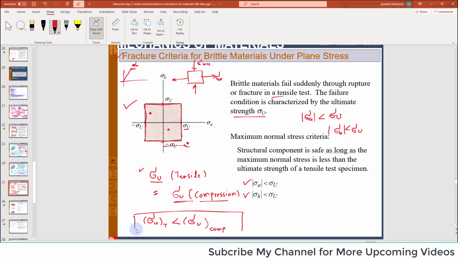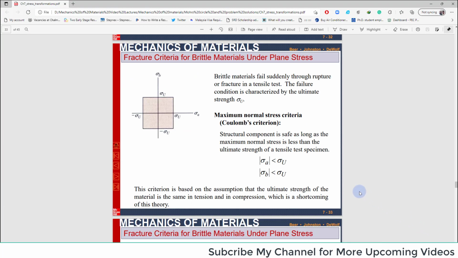I will also explain this, but this is the limitation of this theory, and that is why it cannot be used for material under compression.